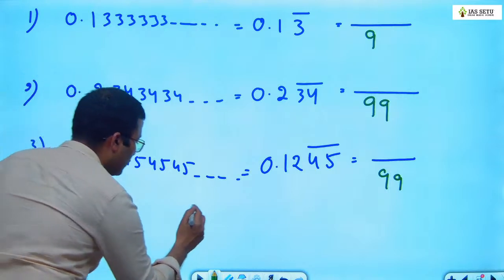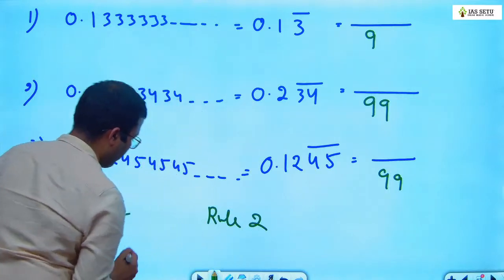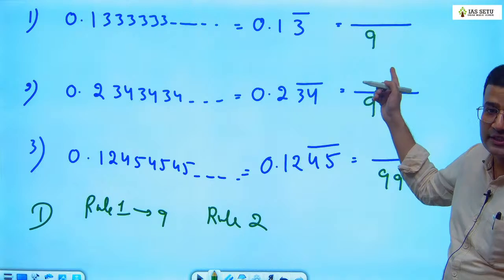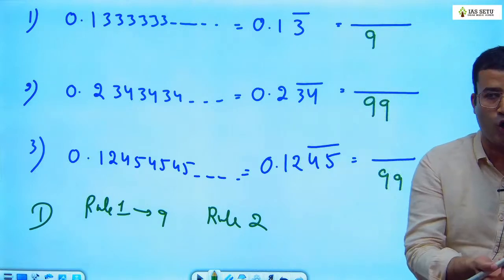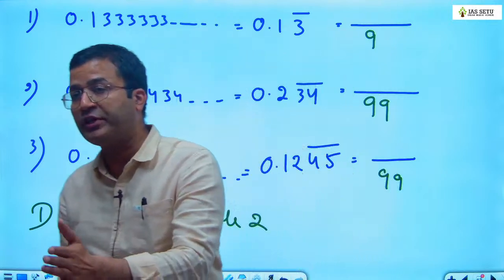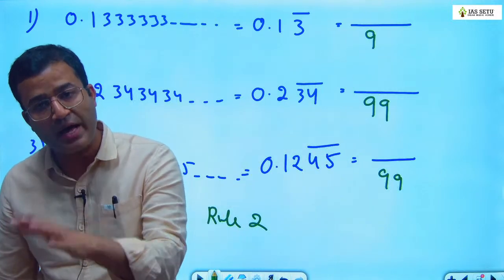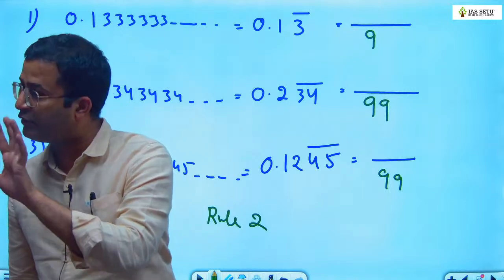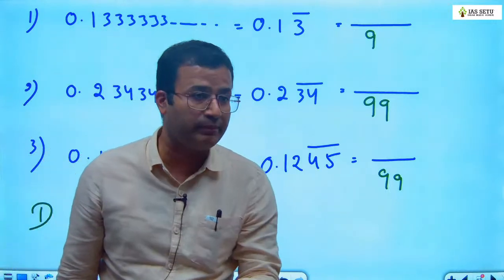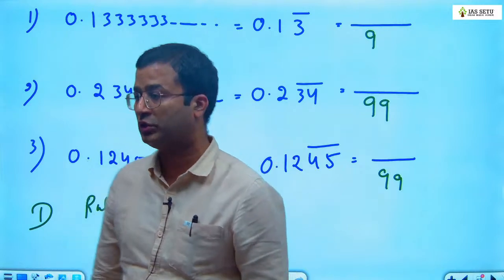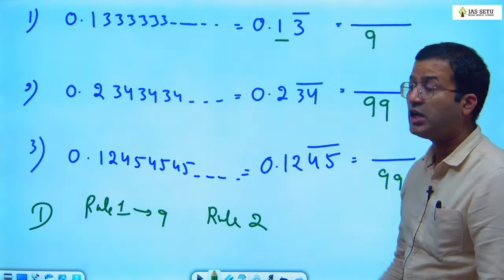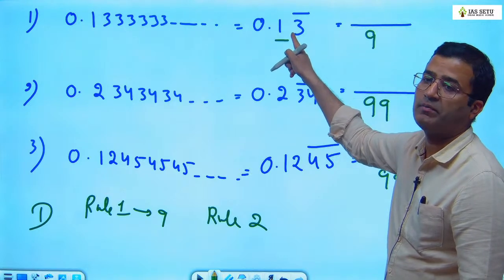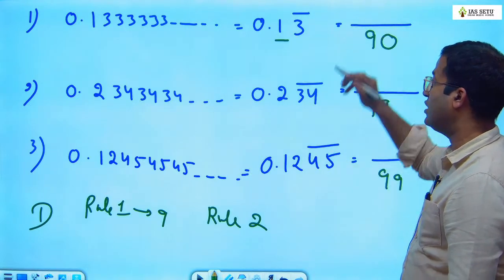But we have one extra rule here, rule number 2. After this 9, we will have as many 0s as the number of digits between the decimal and the recurring part, the digits which come after the decimal but do not repeat. For the repeating digits we put 9; for the digits that are not repeating but are after the decimal, we put 0. See here in this question, after the decimal we have one digit between the decimal and the recurring part, which does not repeat, so you put one 0.